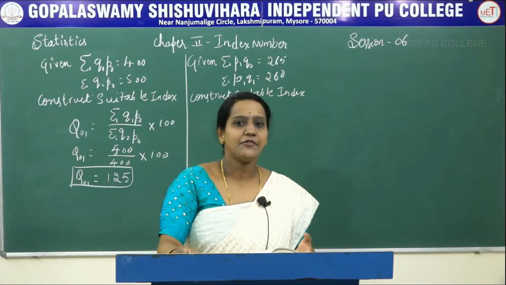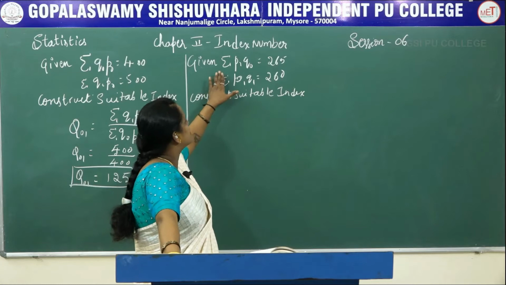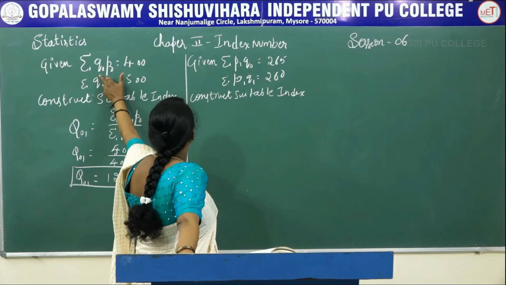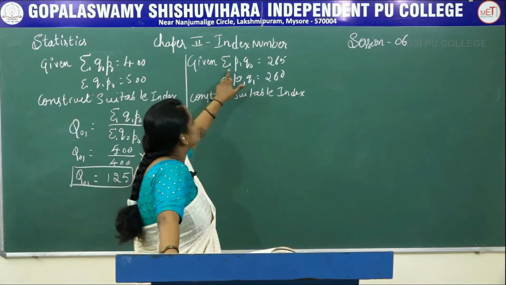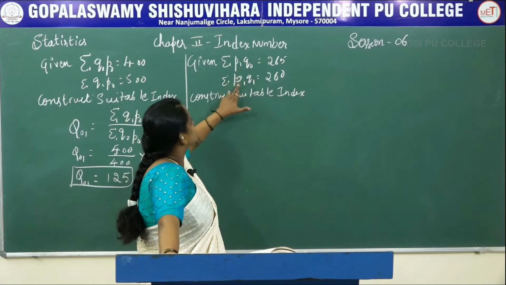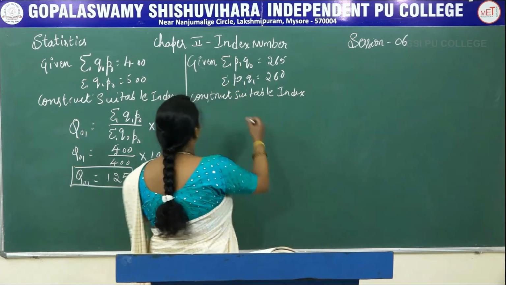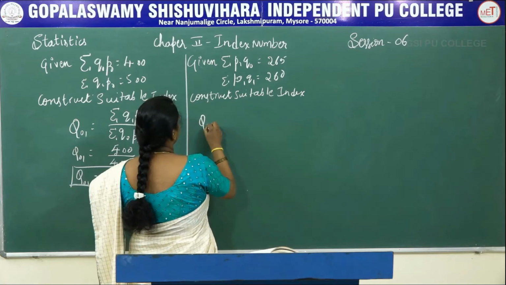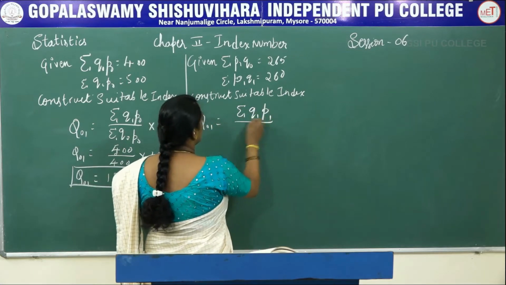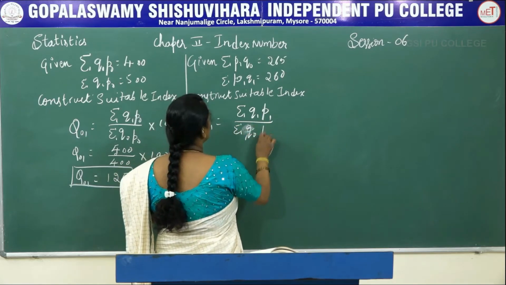See, we have to observe the given data first. Here they have given in the format of P and Q, not like the last problem where it is QP, but in this problem it is PQ. That is, here P1 is constant in both the data. So we will rewrite this as quantity index of summation of Q1 P1 by summation of Q0 P1 into 100.